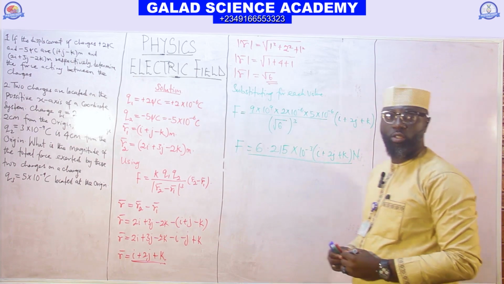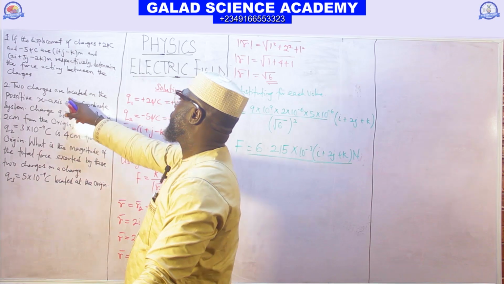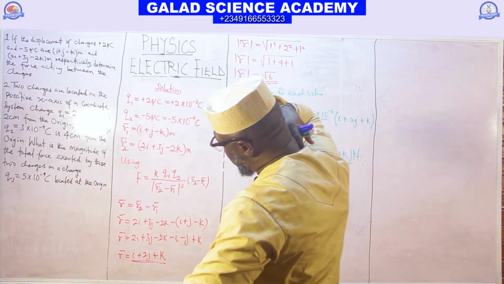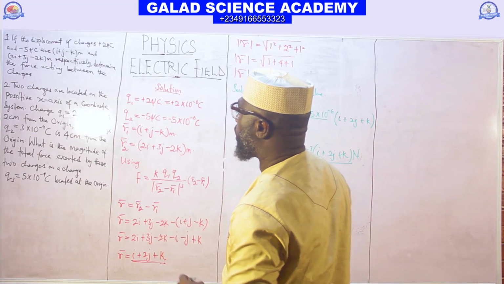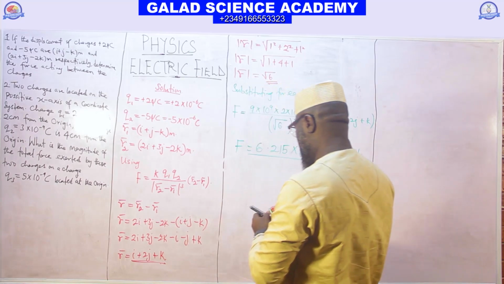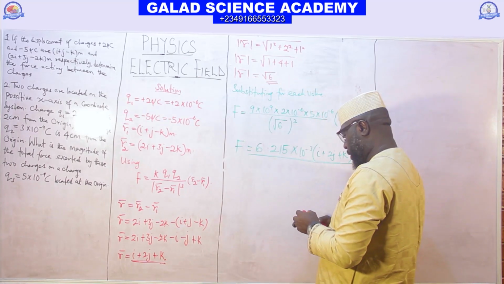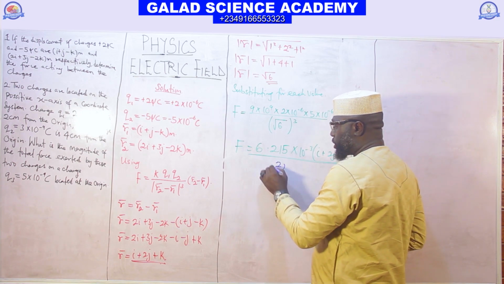So let us solve the second question. We are given two charges located on the positive x-axis of a coordinate system. This is question number 2. Let's check the solution to question number 2.